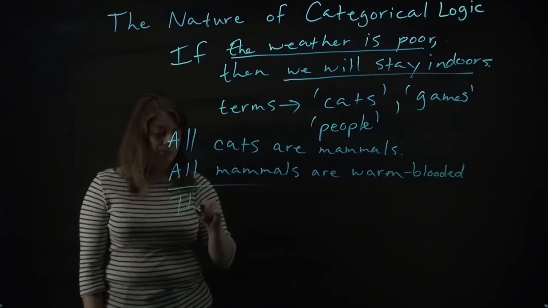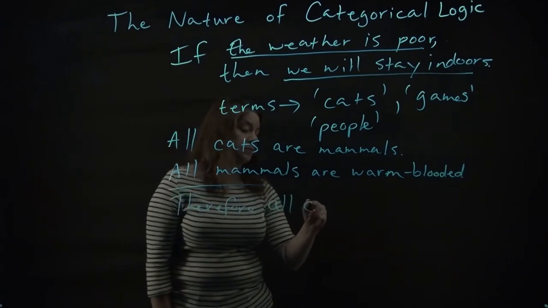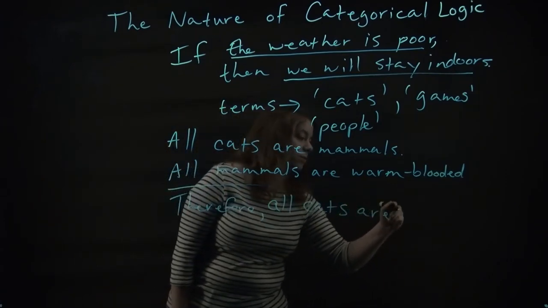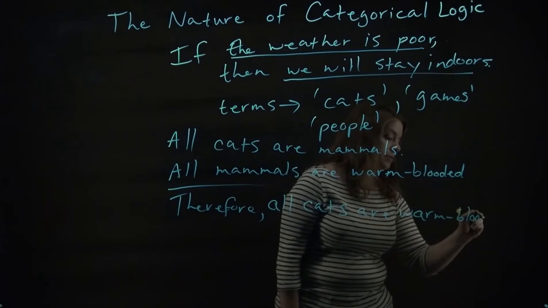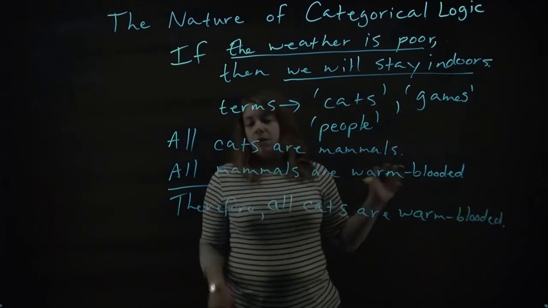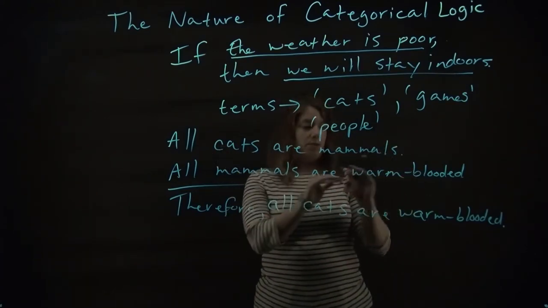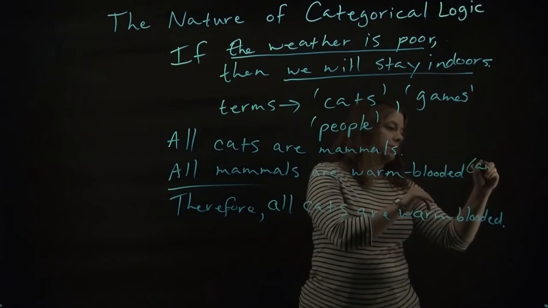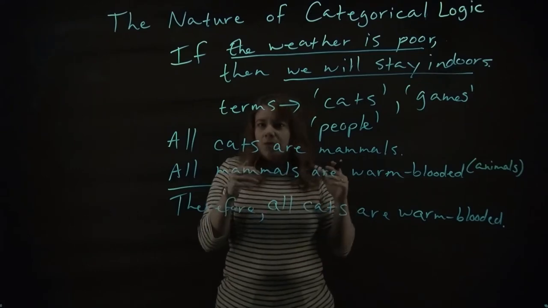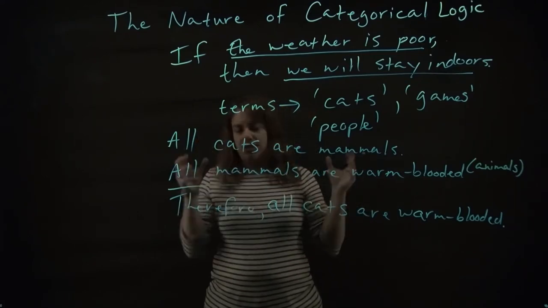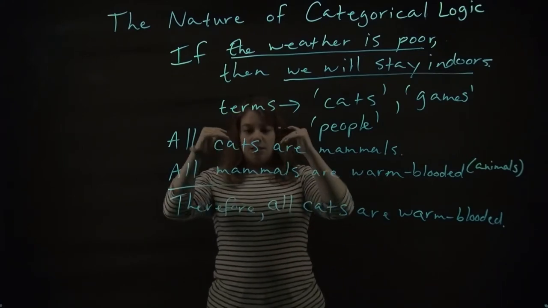Therefore, all cats are warm-blooded. Because we're simply dealing with terms or classes of things, so cats, and in this case mammals and warm-blooded animals, that's animals is implied here. Because these are not actual statements or descriptions of a state of affairs, they're just classes of things, we need a different kind of logic in order to deal with arguments that take this sort of form.